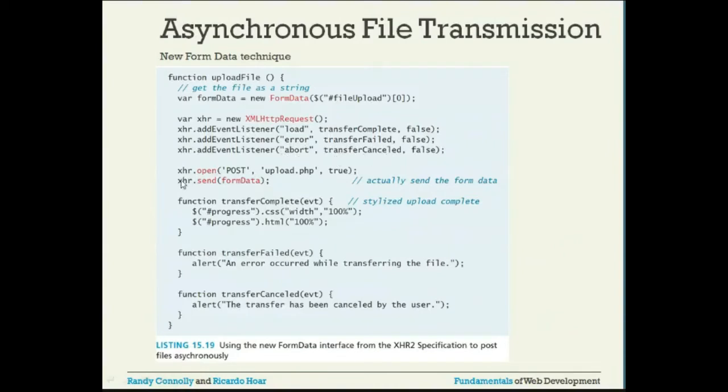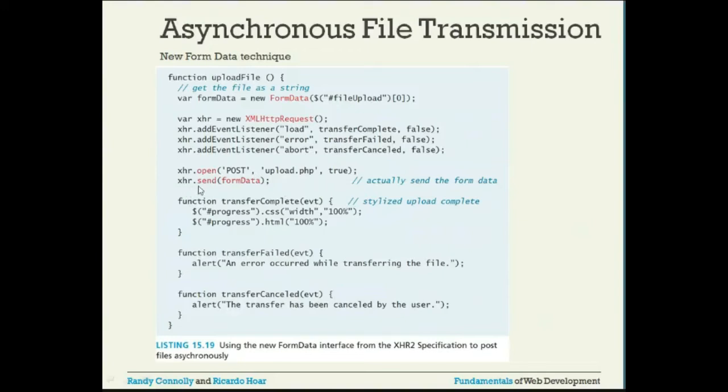After that, we are going to call the open method. The method of request is POST, and the URL is upload.php. This true is the reference for the asynchronous call, so this is going to be an asynchronous request.